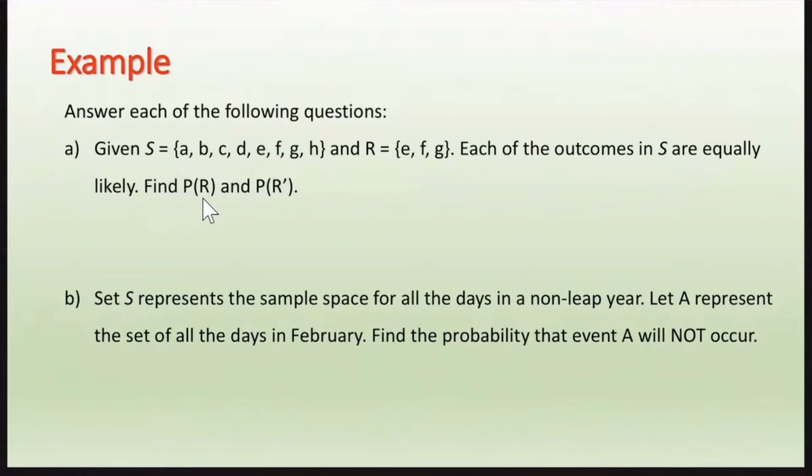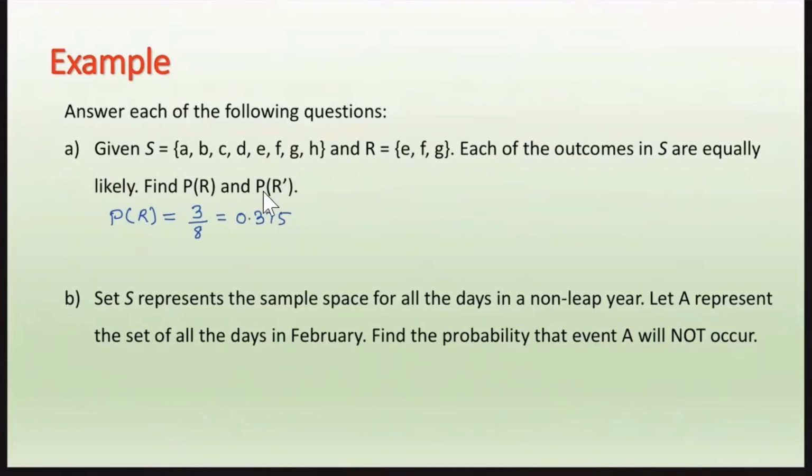We have to find the probability of R. So the probability of R is equal to how many elements are there in R. You can count, there are 3. Okay, 3 out of 8. You can leave that as a fraction like that, or when you change it to decimal, it should be 0.375. That is the probability of R.